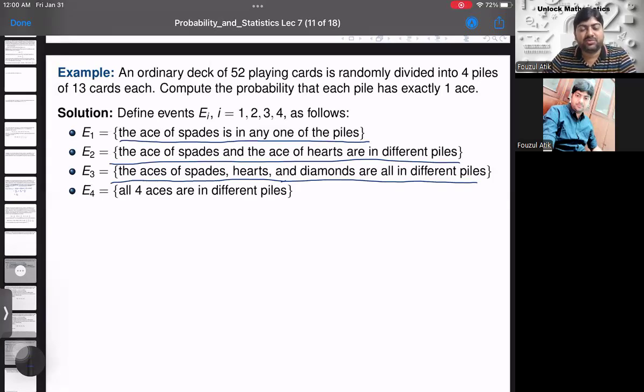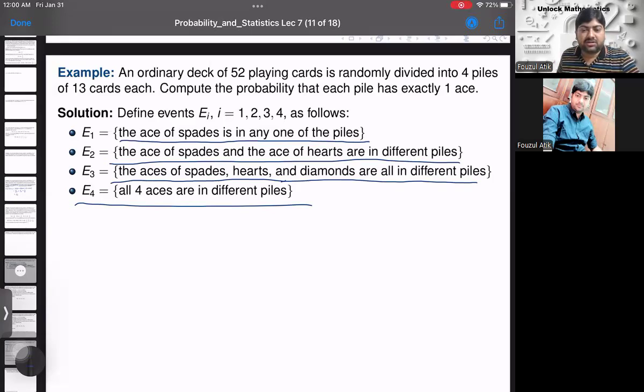So the ace of diamond should be from the other 2 piles. It should not be from the pile where the ace of spade is, nor from the one where the ace of heart is. So E3 is this event. And finally, E4 is the event that all 4 aces are in different piles.